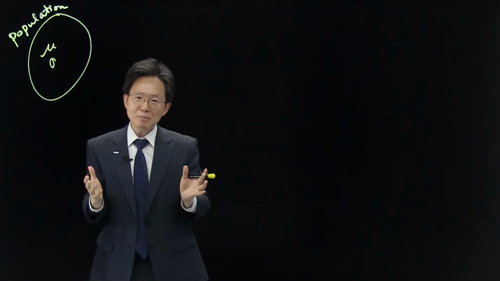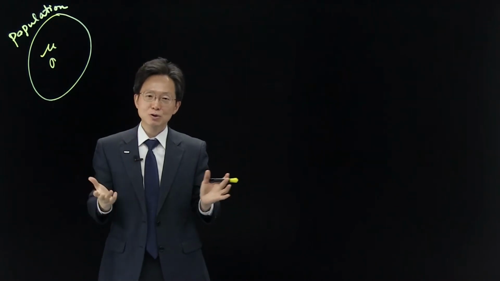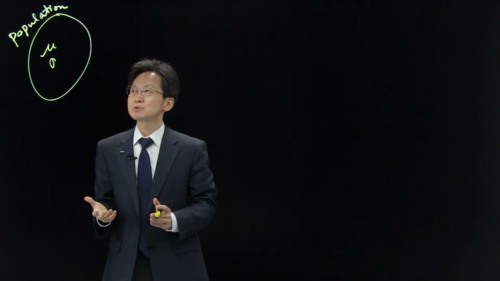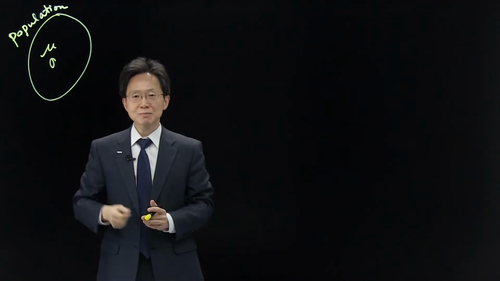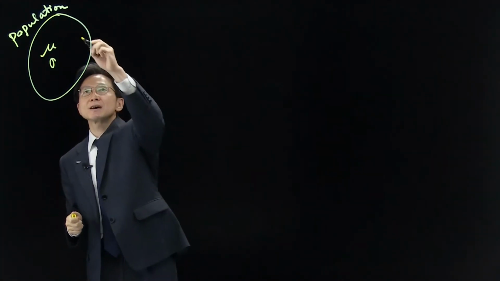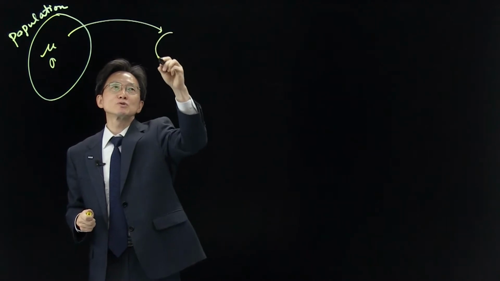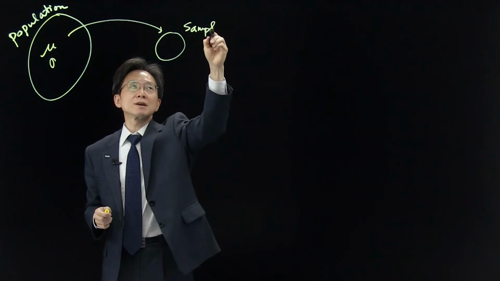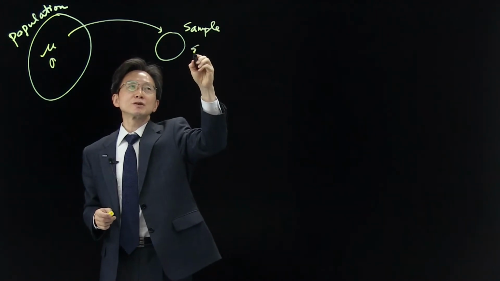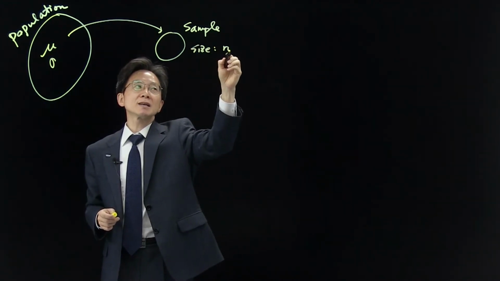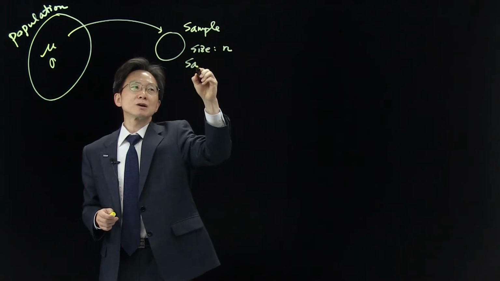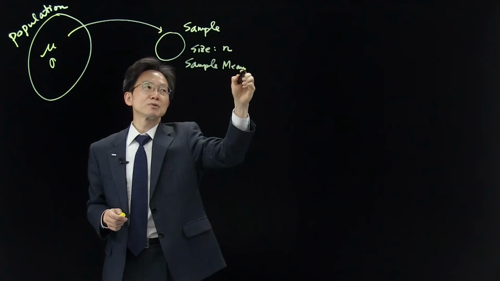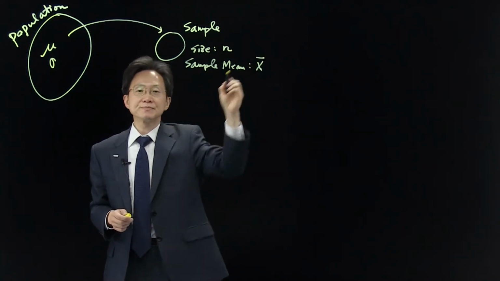But again, the population is too huge, so we don't have enough money and we don't have enough time to look at every single element in the population. And therefore, we want to have some sample, right? A small subset of the population. We know that the sample size is n, and we can calculate the sample mean, which is x bar.